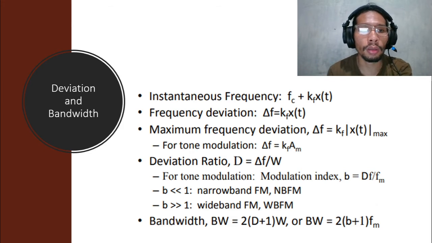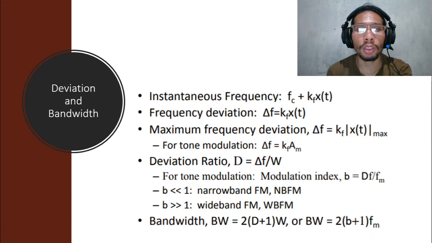The deviation and bandwidth in FM. Instantaneous frequency is equal to the frequency of the carrier plus kf times the baseband signal. And frequency deviation or delta f is equal to kf multiplied by the baseband signal or x of t. And the maximum frequency deviation or delta f is equal to kf times the absolute value of the maximum x of t.